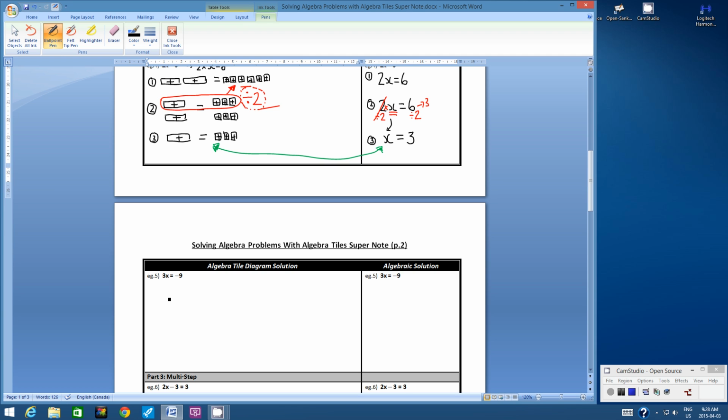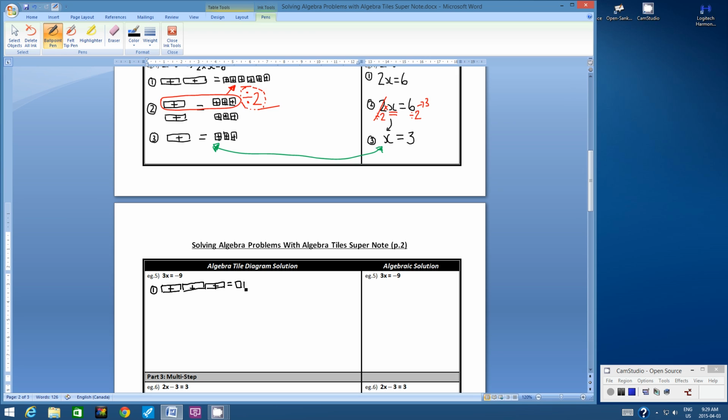3x equals -9. All right, step 1, I would like you to draw the question, please. Don't worry about any grouping, just do it kind of as if you didn't know what to do. Okay, so we've got 3 long rectangles equals -9.